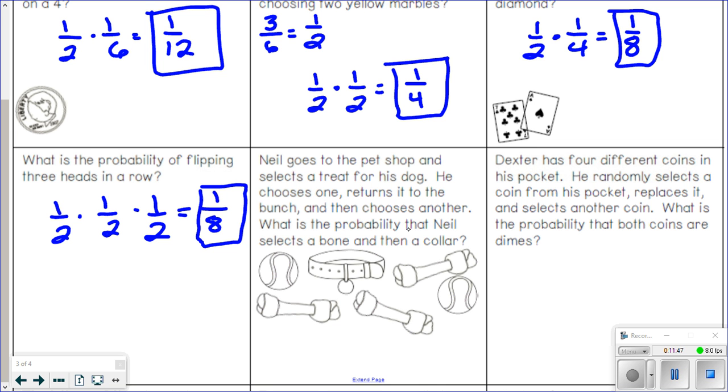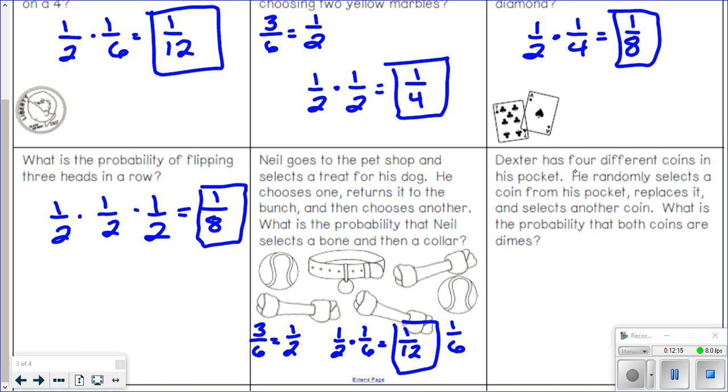So the probability that he selects a bone, there's 3 of those. So that's 3/6, which simplifies to 1/2. That's for the bone. And then the collar is 1/6. And so to find the probability of both of those things happening, we multiply those together. 1/2 times 1/6, and we get 1/12.